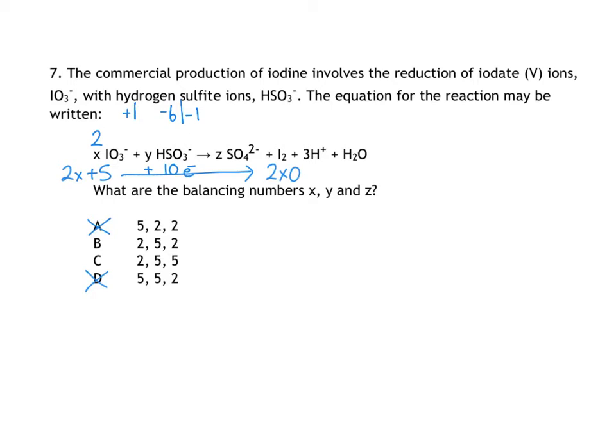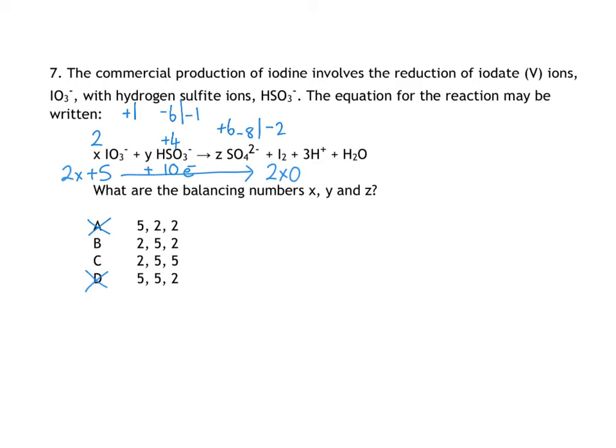What do I need to add to -5 to get -1? +4. So on the left hand side the sulfur is in +4 state, and on the right hand side, if I do a little bit of working out, I've got -8, the total is -2 for the charge on the ion, so that gives me a -6 to account for, so therefore my sulfur must be +6.